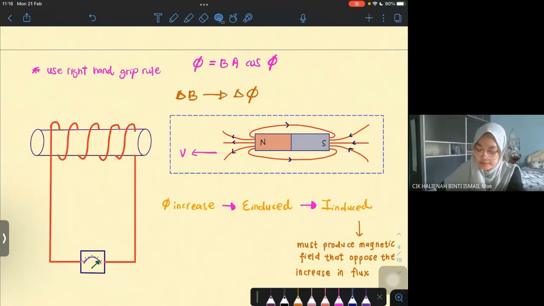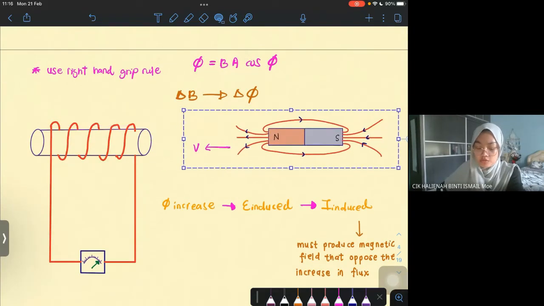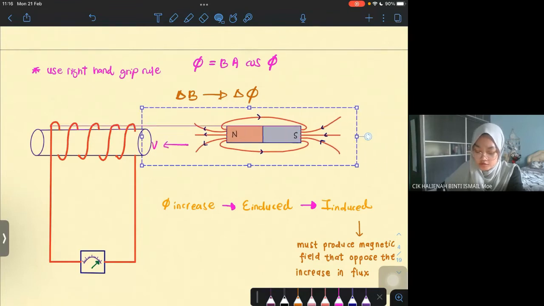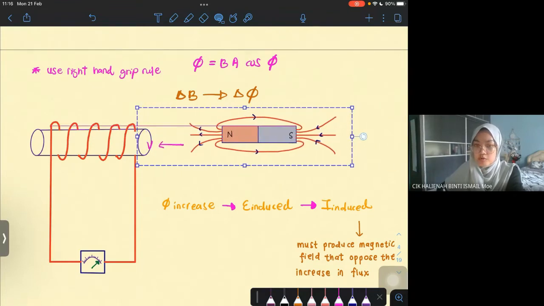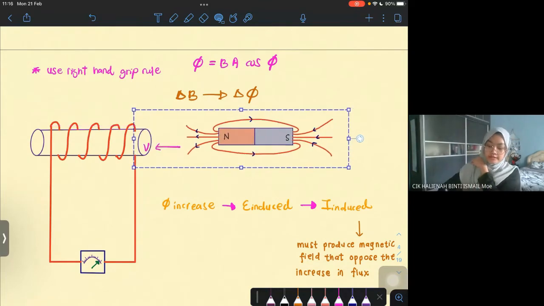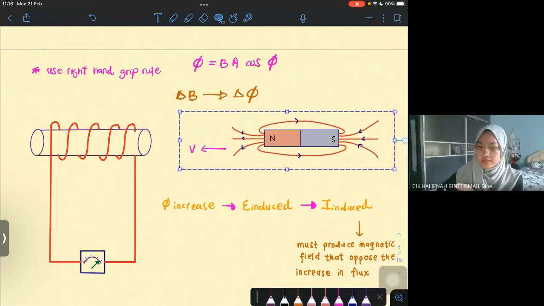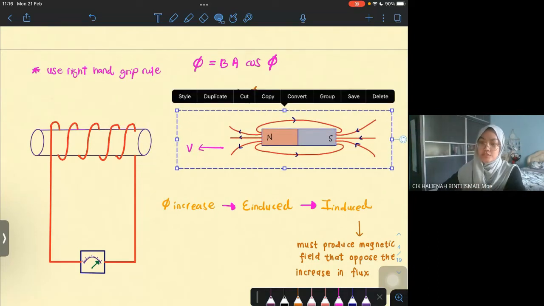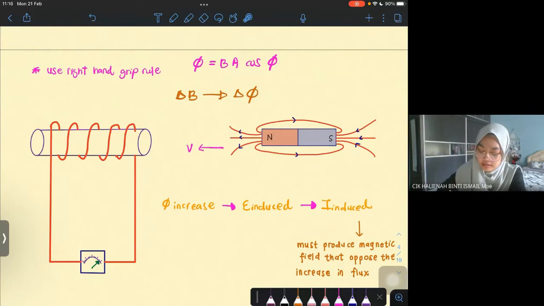First, if the magnet is going towards the solenoid or the coil, dia kena oppose. Dia cakap, oh I don't like you to come closer to me. I need to push you away. So dia terlalu dekat kan? So dia kenalah tolak magnet ni. So dia tidak suka ada perubahan. So macam mana dia tolak? Since dekat sini, okay, according to this diagram, since dekat sini dia adalah north, so the side here akan automatic jadi north juga.